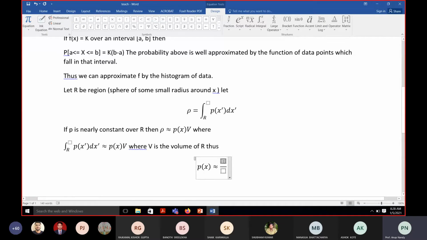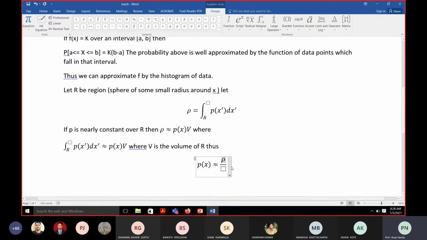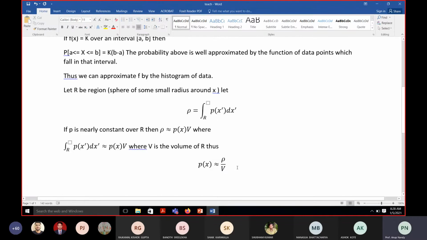If you have this entire interval V, I'm just going to apply the formula of mass by volume, so you simply have rho divided by V. So if p(x') is a constant approximation to p(x), then you can write p(x) approximated as rho by V. It is just mass by volume.